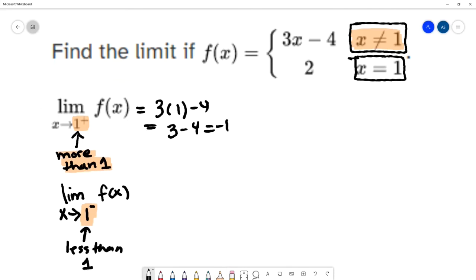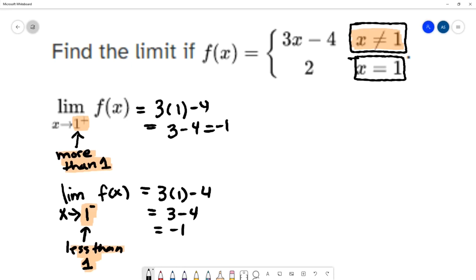Once again, we would use the first equation to find this limit because we only use the second equation when x is exactly 1. Here, x is less than 1, so we'll use that first equation. 3 times 1 minus 4, which is 3 minus 4, and that's negative 1.